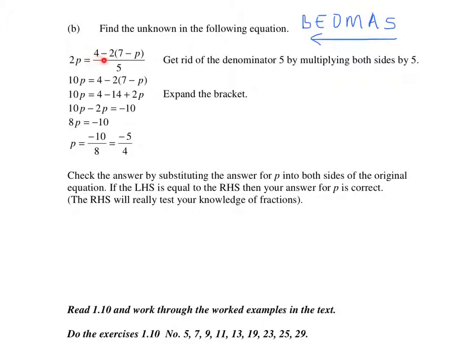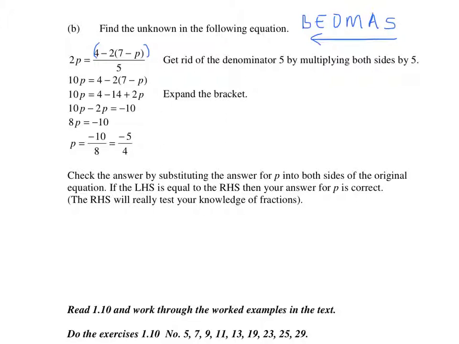Because you've got the divide sign underneath the whole of the expression, there is an implied bracket around 4 minus 2 in brackets 7 minus p. So that means the very first operation we need to undo is divide by 5 in this case.